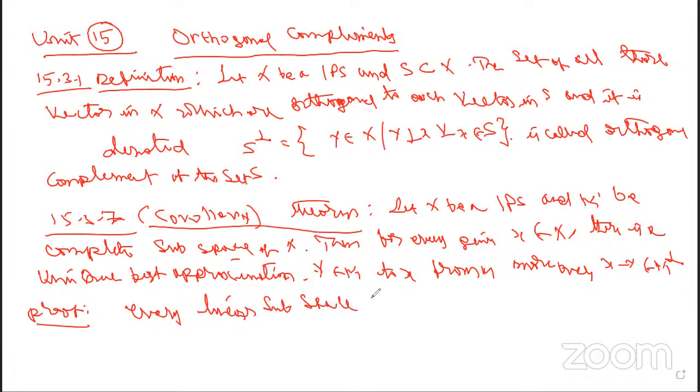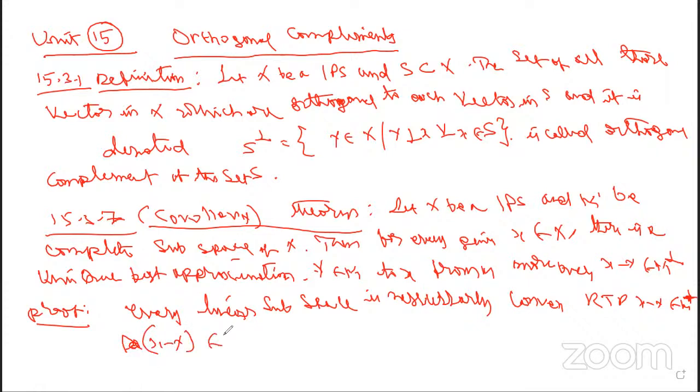So we only have to show that X minus Y belongs to M perp. This is what is required to prove.